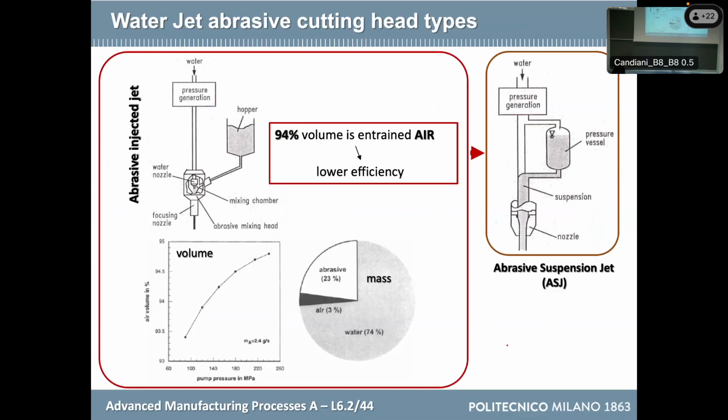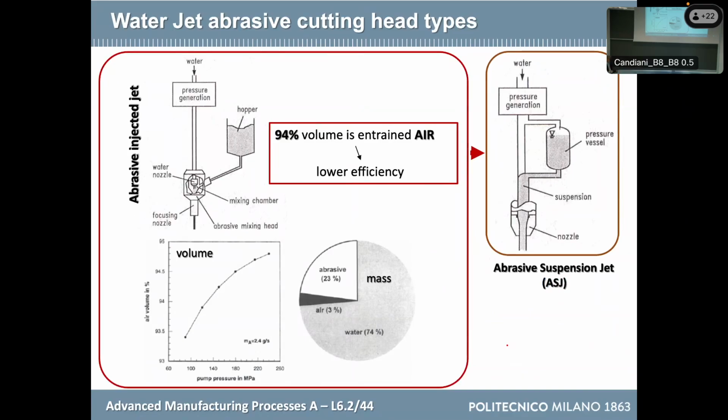Last consideration, and then we complete this lecture, is about the premixed jet. We have already discussed that the premixed jet is a good idea: not to inject the abrasive, but to have it already inside the jet, because the abrasive has difficulties penetrating inside the jet since it is too fast.